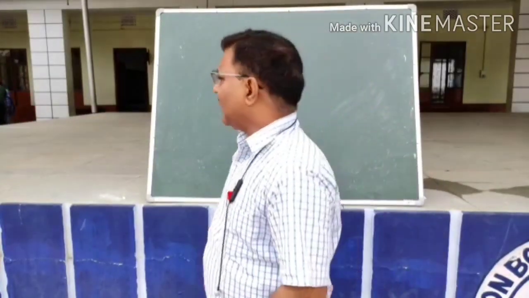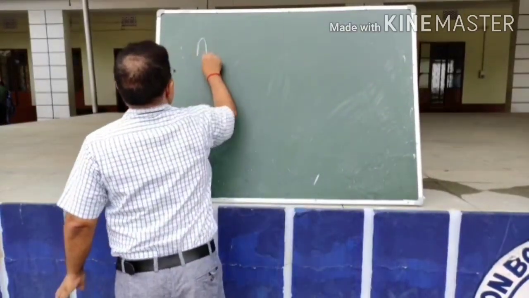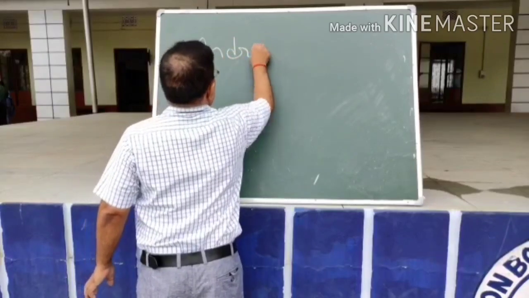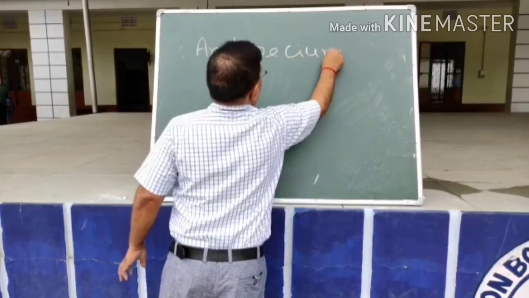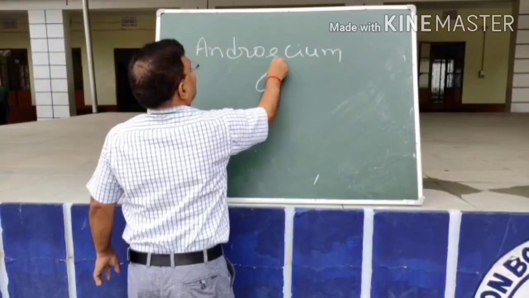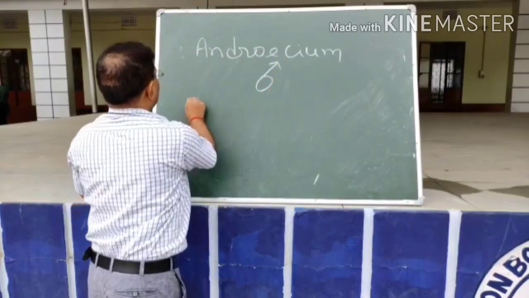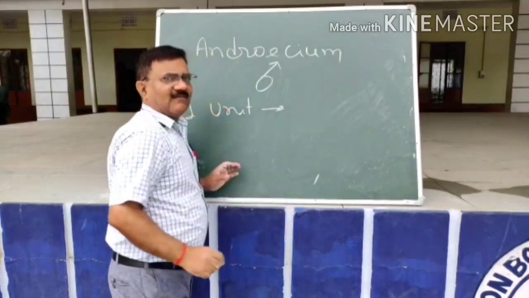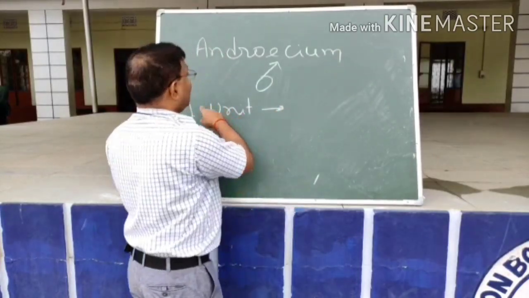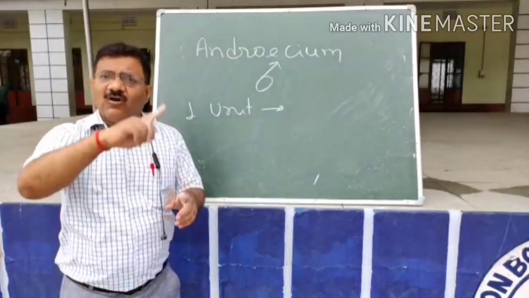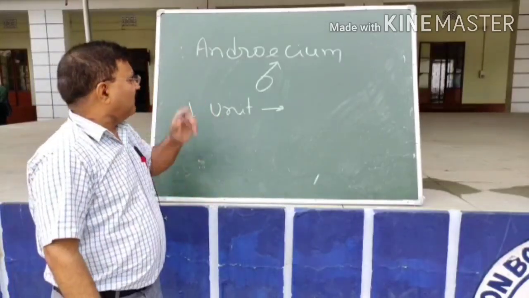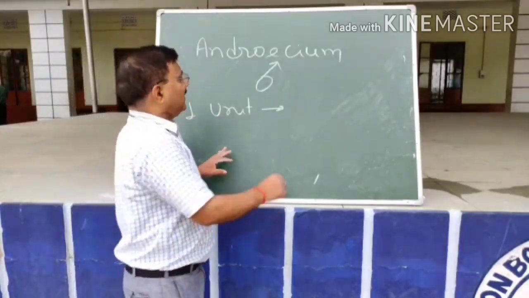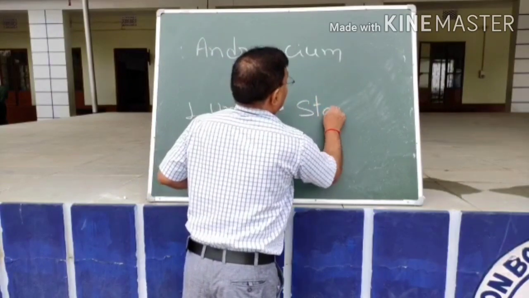Male part is the androecium. This part. One unit of androecium, the whole whorl is the male part, and one unit of androecium is called stamen.